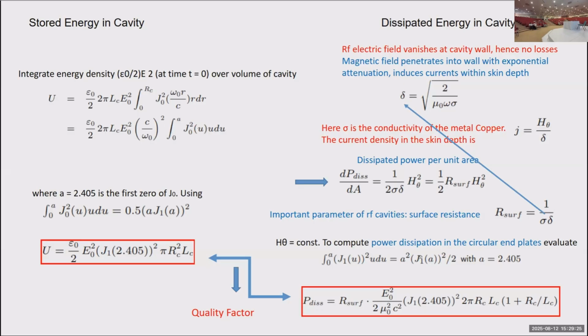If you're talking about the quality of the cavity, then we have to know the stored and dissipated energy. How can we calculate it? It also depends on the zeroth order Bessel function. That's the second line of that.